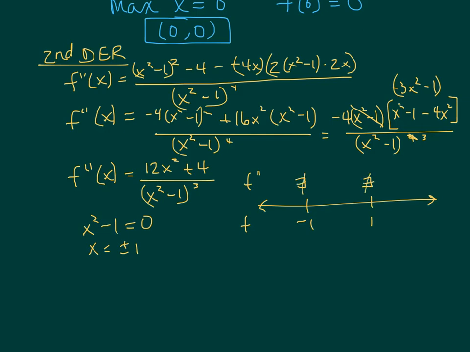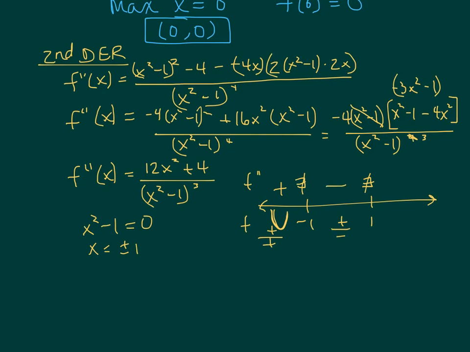All right, so testing those, remember we said the numerator is always positive. And so, let's see, negative 2, it's going to be a positive over, so that would be 4 minus 1 would be positive, cubed would be positive. So I'm going to be concave up there. All right, then I'm going to go ahead and test 0. So that would be positive over 0 minus 1, which would be negative 1, cubed would be negative.